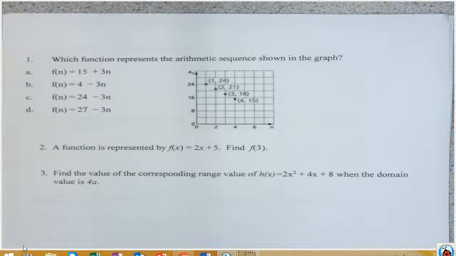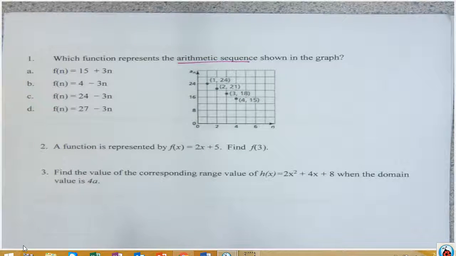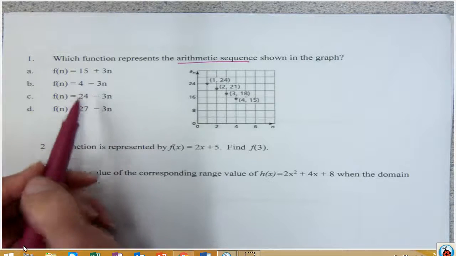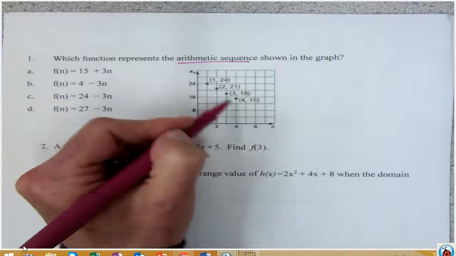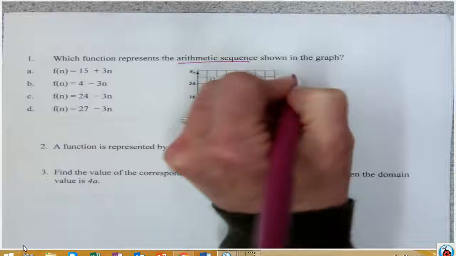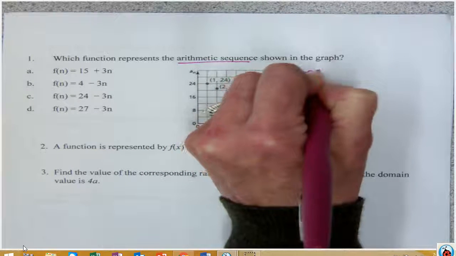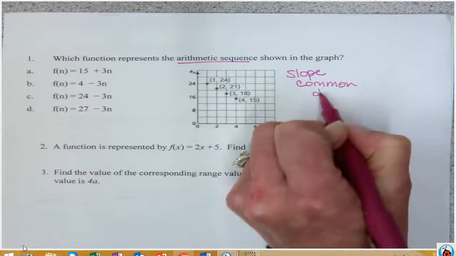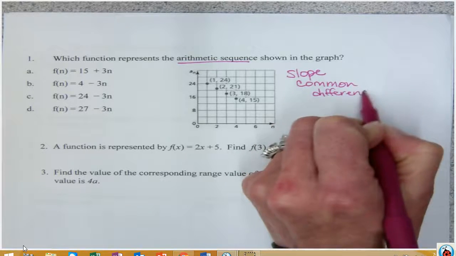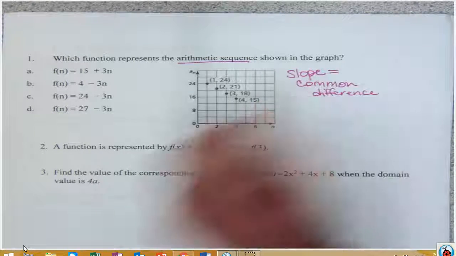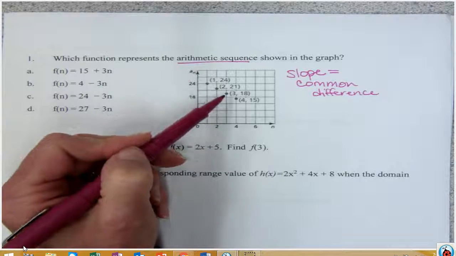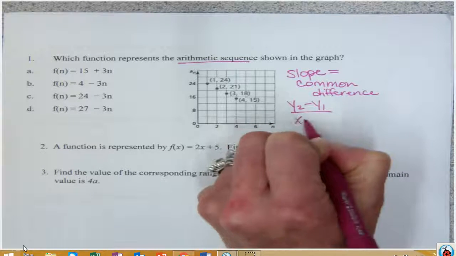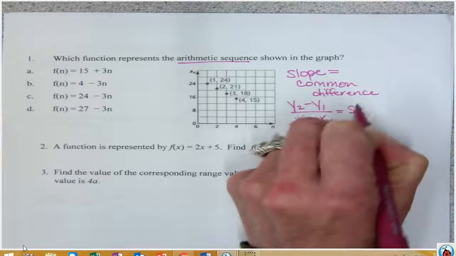Which function represents the arithmetic sequence shown in the graph? So we are talking about an indicator as to what is going to give us this line. The first thing you're going to want to do is figure out what is your slope, or the common difference. Okay, the common difference between each of these, or you could even do your y2 minus y1 over x2 minus x1, is going to give you your slope.